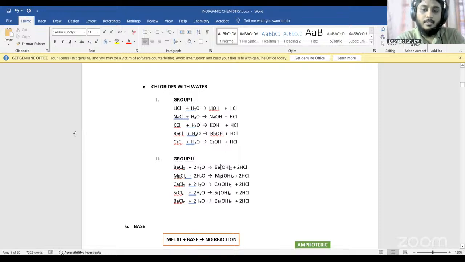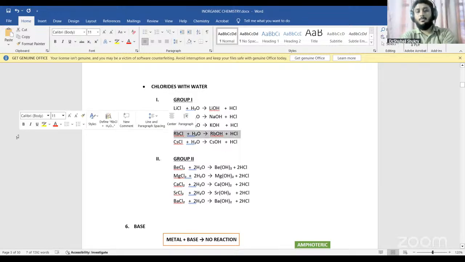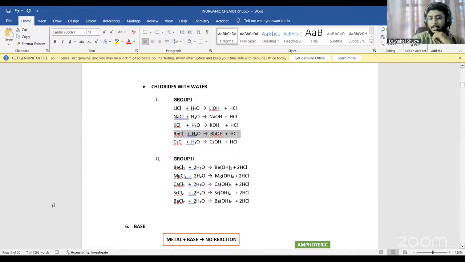Beryllium normally won't react with water, but beryllium chloride can react. So everyone who makes chloride, they will react with water and give you this. Okay, that part is clear. So there is nothing much related to chlorine.